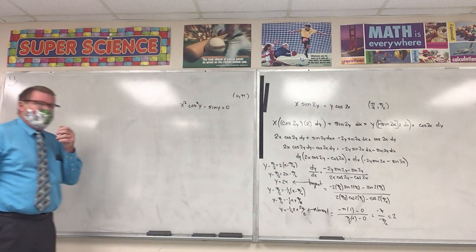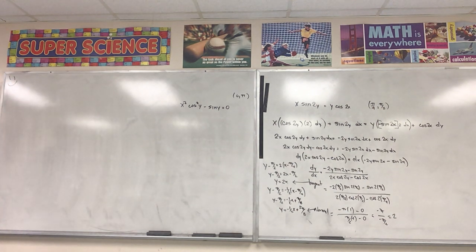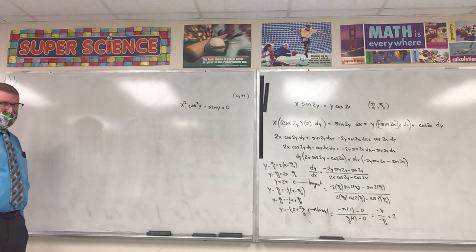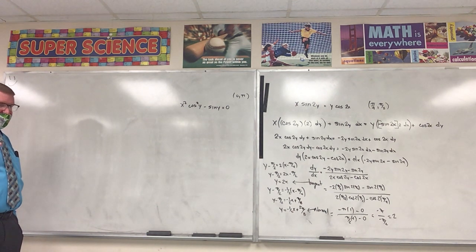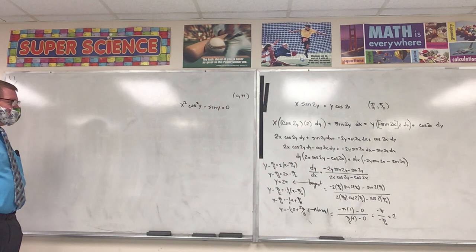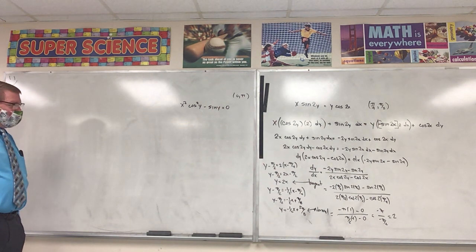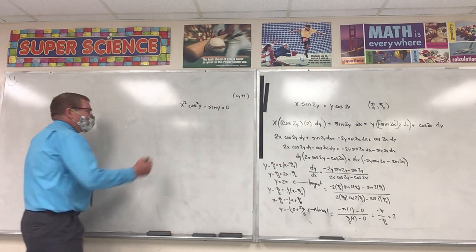Again, I'm looking for the normal and tangent lines, so what do I have to find? The derivative, because I'm going to find the slope. How do I find slope? The derivative. So write this example down.